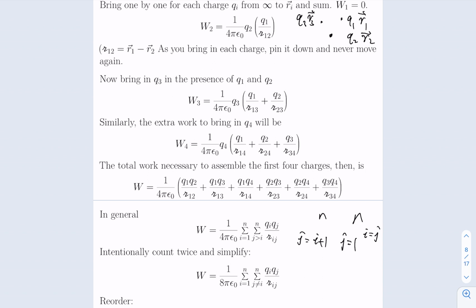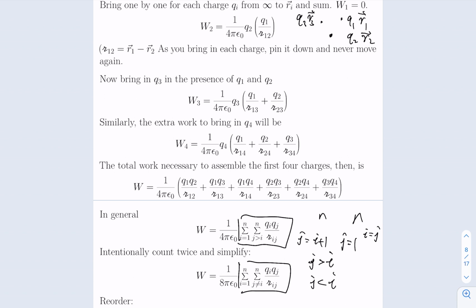And this expression actually sums up this term twice, because we don't really need j larger than i. There is also a portion where j is less than i, right? And these two portions actually are symmetric to each other.